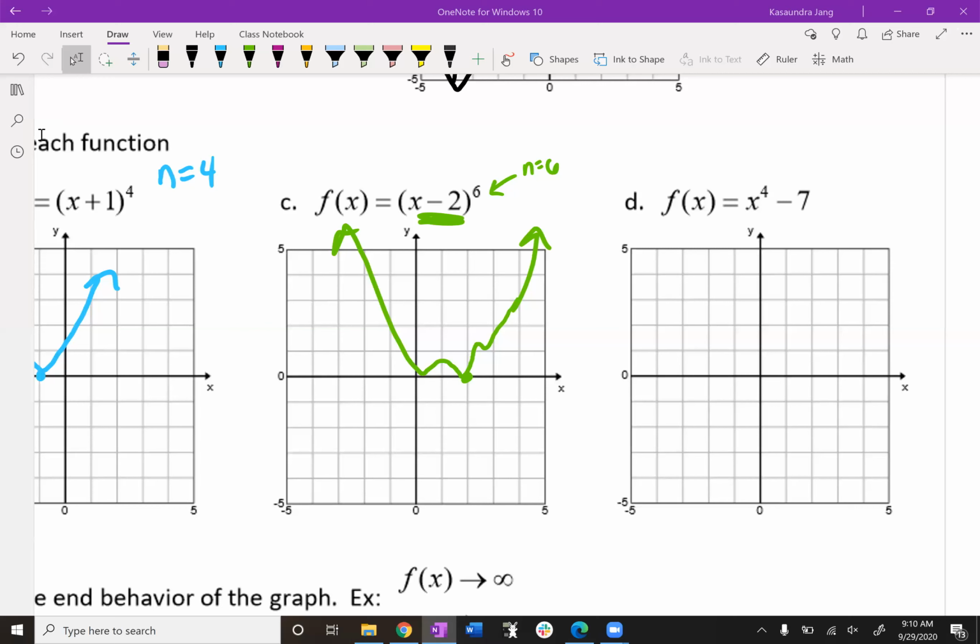All right. So 0, -7. All right, so 1, 2, 3, 4, 5, 6, 7, 0, -7. N equals 4, which is true, n does equal 4. What does that tell me about the curves and the end behavior?